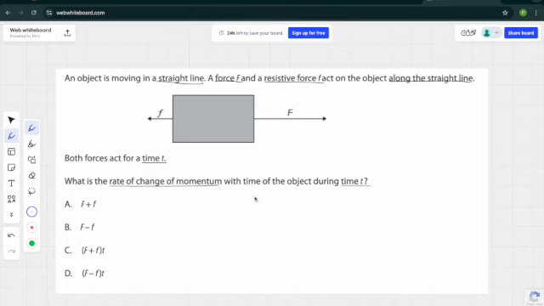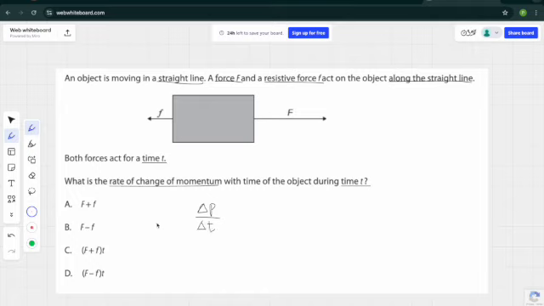So let's first write what the question wants us to find. It wants us to find the rate of change of momentum, which is the same as change of momentum divided by change in time. How do I know this?